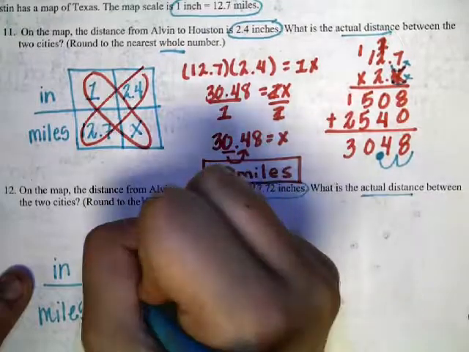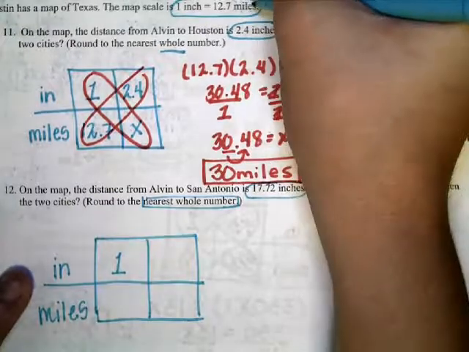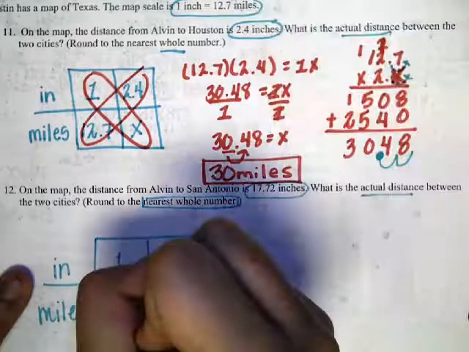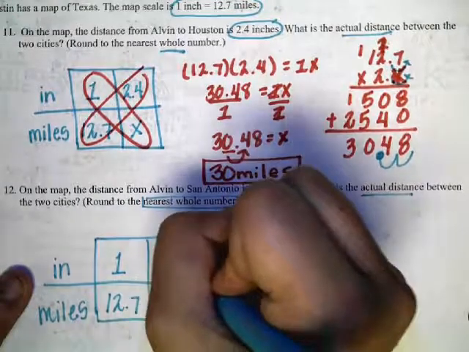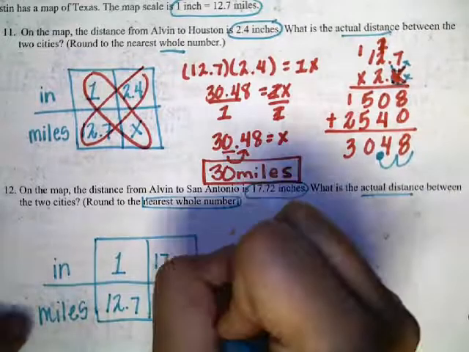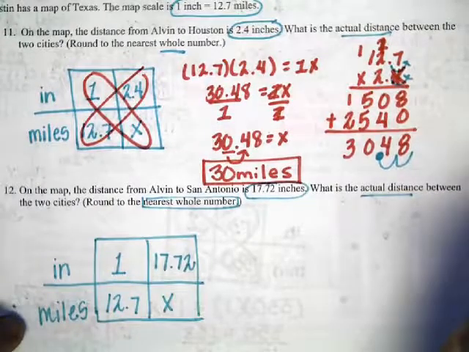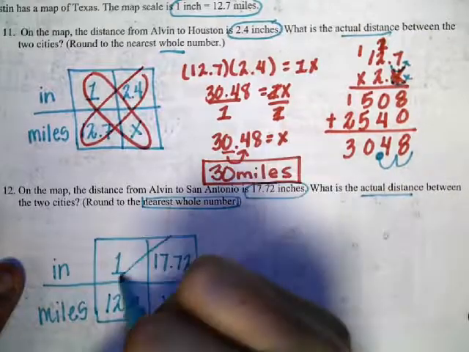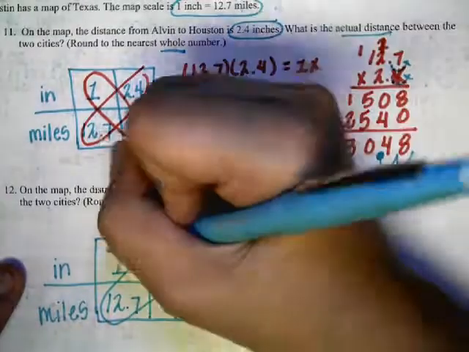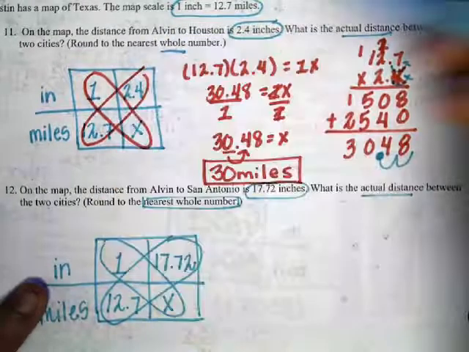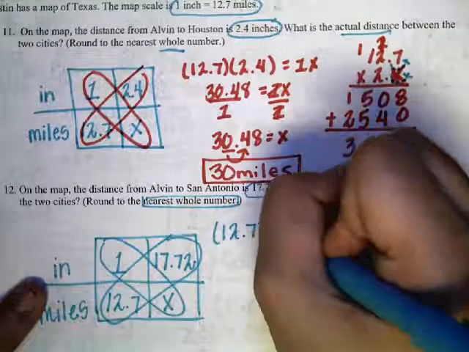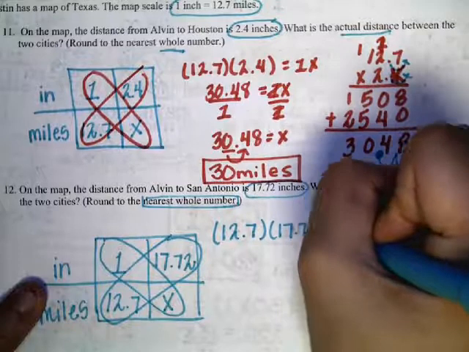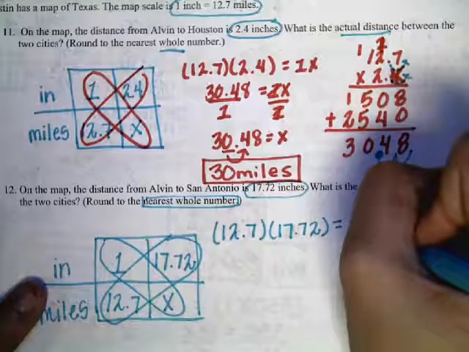We know that 1 inch, from the above information, equals 12.7 miles. How much does 7.72 inches equal in miles? Create a cross product and solve for x. 12.7 times 7.72 equals 1x.